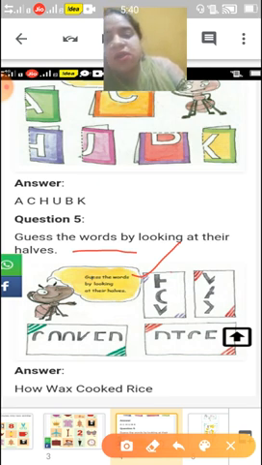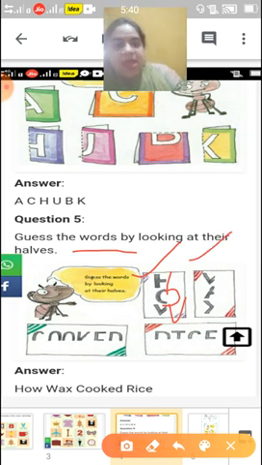Like this is your H O W. This is your wax, W A X. Now this is your cooked, C O O K E D. Now next, rice, R I C E. Now complete your answer: how wax cooked rice.